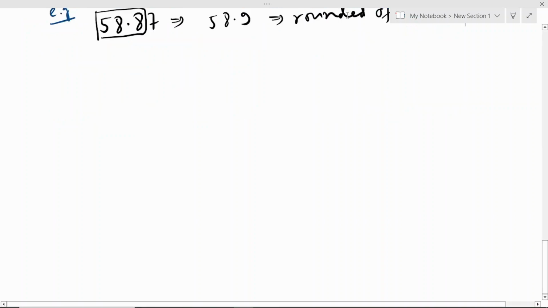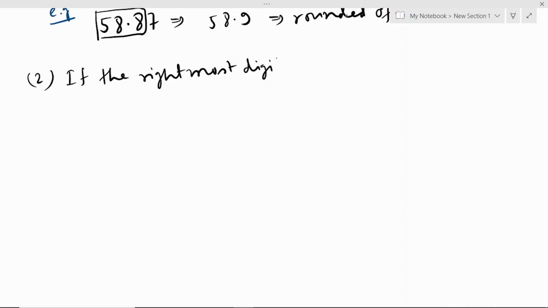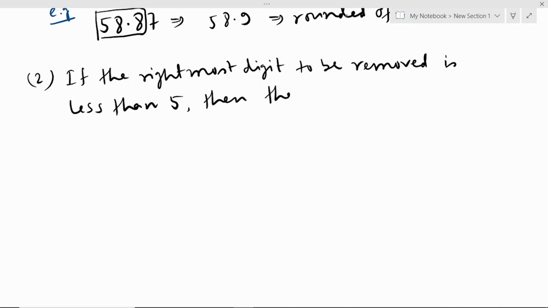Rule number 2 says, if the rightmost digit to be removed is less than 5, then the preceding digit remains unchanged.